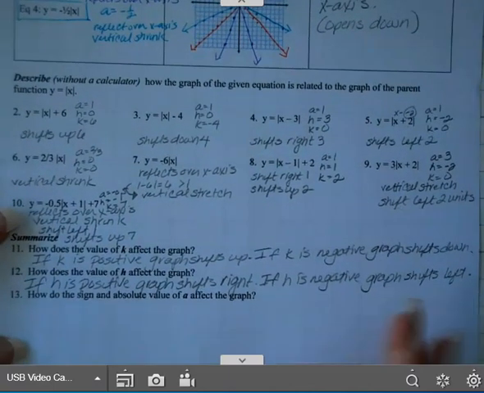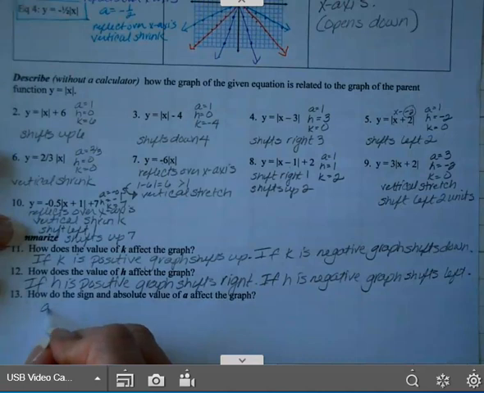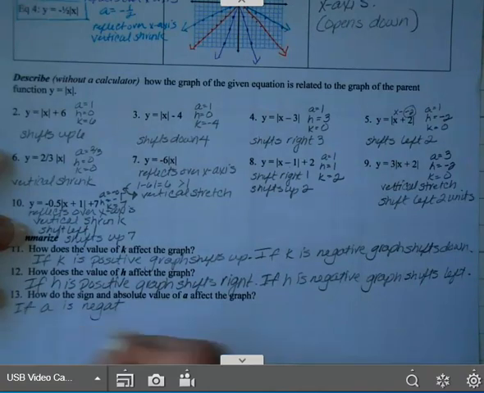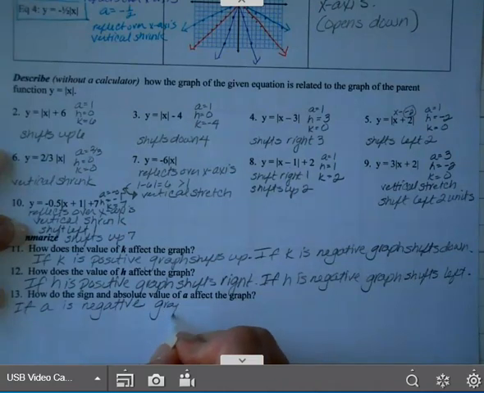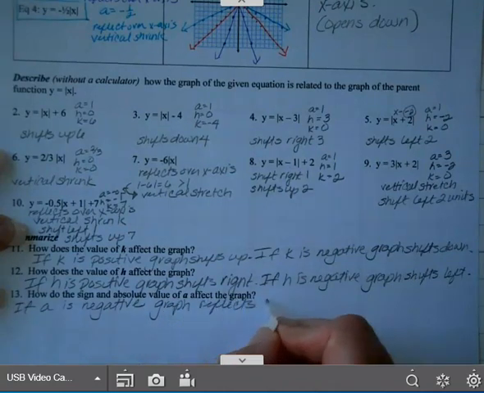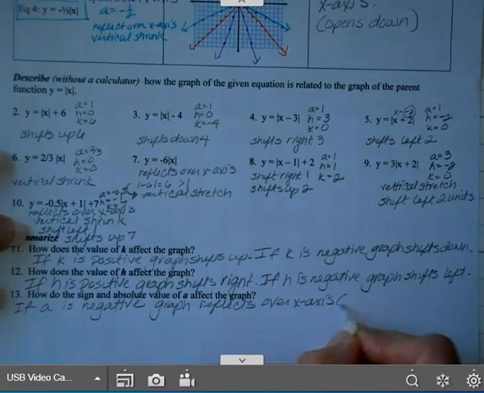And then A. If A is negative, graph reflects over x-axis, so it opens down.